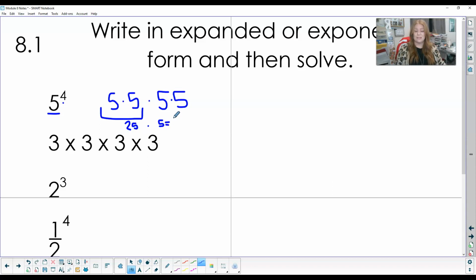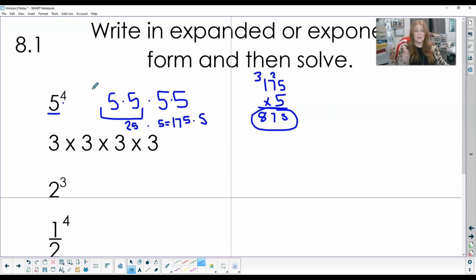So this is 125, and then I need to times that by 5 again. So 125 times 5 is 625. So 5 to the 4th power is 625.